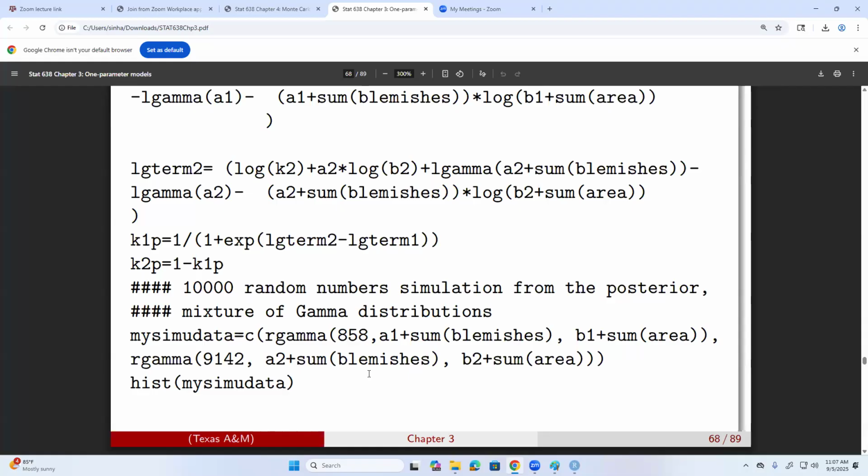Why did I not use the formula to draw the posterior distribution? Because often you will not be able to use formula. Often you have to rely on the samples drawn from the posterior distribution and use those samples to draw the histogram to get the idea about the underlying posterior.